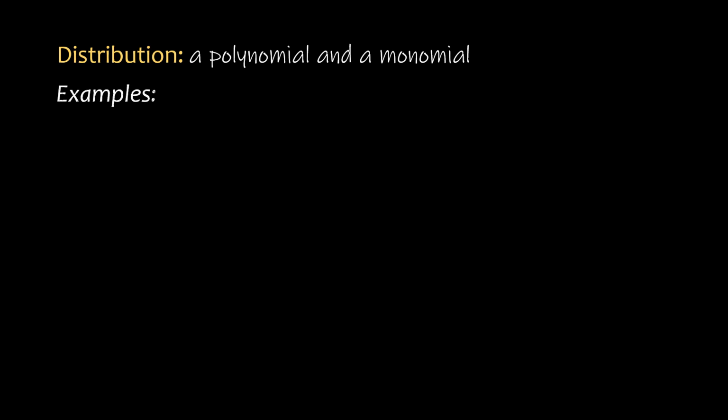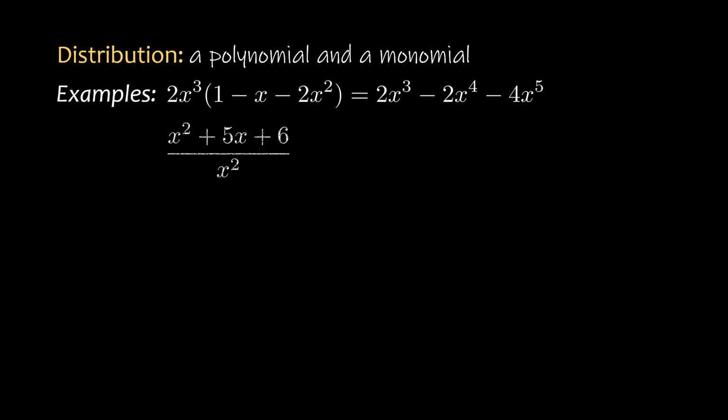Examples: multiplication. Distribute the monomial by multiplying it with each term of the polynomial. Division. Distribute the monomial by dividing each term of the polynomial by this monomial.